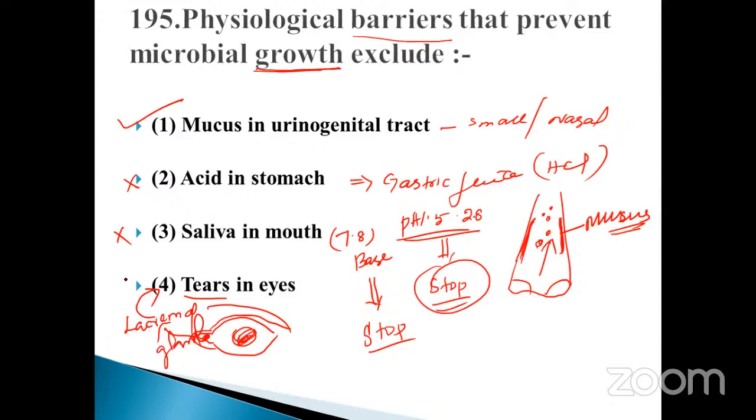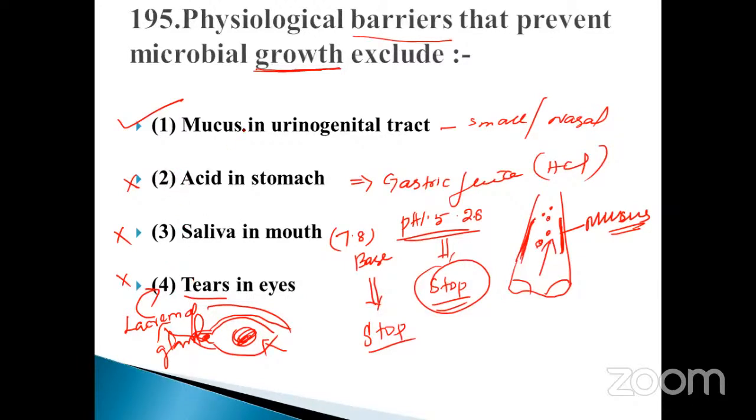The tears also have the ability to kill the microorganism. That's why, when any microorganism enters your eye, the lacrimal gland automatically secretes the tears. It contains so many hydrolytic enzymes, so they can prevent the microorganism completely. So these are the three.